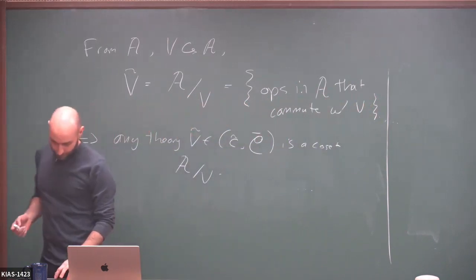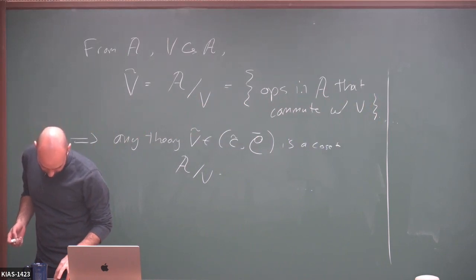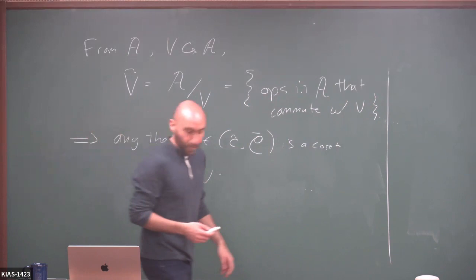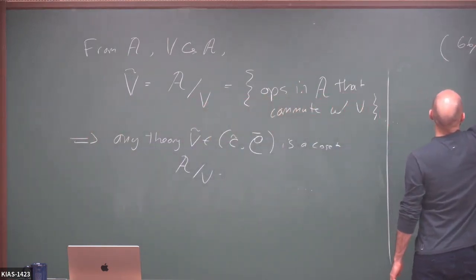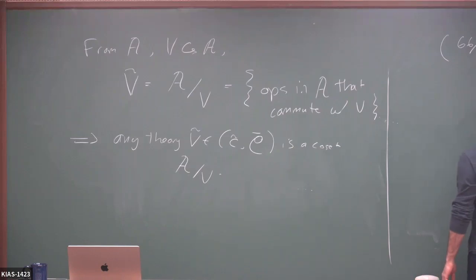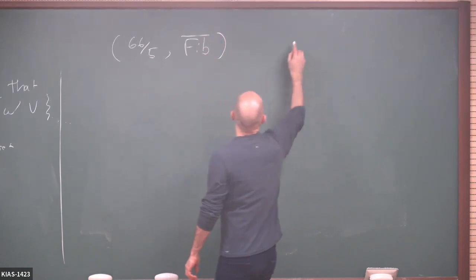Right, so let me give you an example. This is the first place where you find a new theory. Good. So let's look at the genus 66/5 mod Fibonacci conjugate.